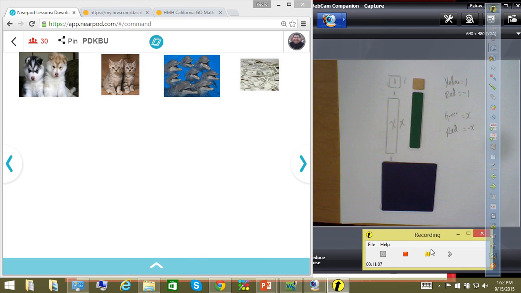X. So what is the height if it's a square? X. So what is X times X? X to the second. Whenever I ask you to get an X squared out, you're going to get a blue one. But how about when I ask you to get a negative X squared? It's going to be a what? A big red. So basically you just flip it. Everybody with me? All right.